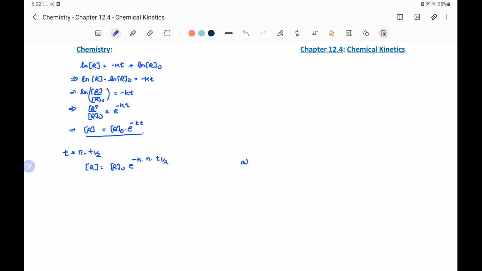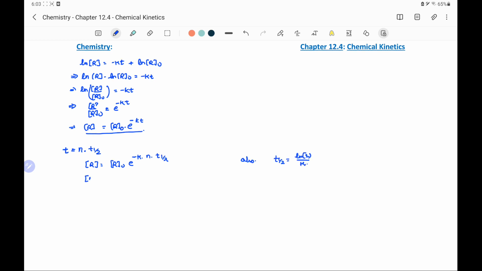Replacing t half with ln 2 by k, R will be equal to R0 into e raised to power minus k into n into ln 2 by k. k and k get cancelled, so it can be written as R0 e raised to the power minus n into ln 2, or R0 e raised to the power ln 2 raised to power minus n.